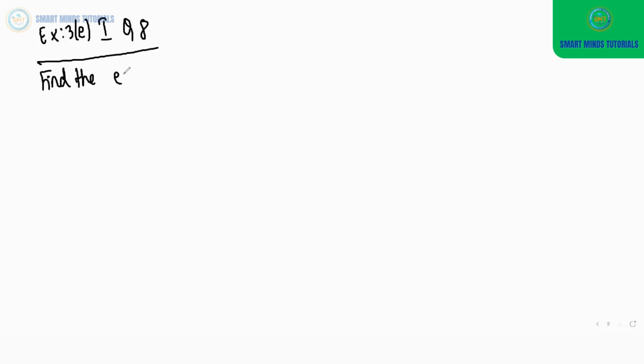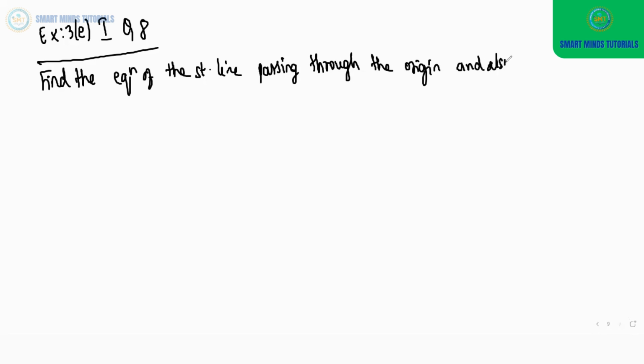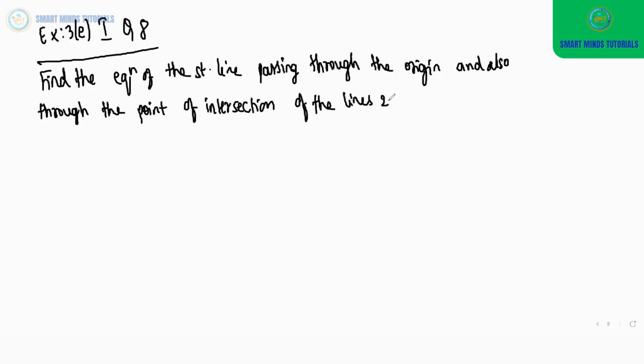Find the equation of the straight line passing through the origin and also through the point of intersection of the lines 2x minus y plus 5 is equal to 0 and x plus y plus 1 is equal to 0. So first we write the given equations.